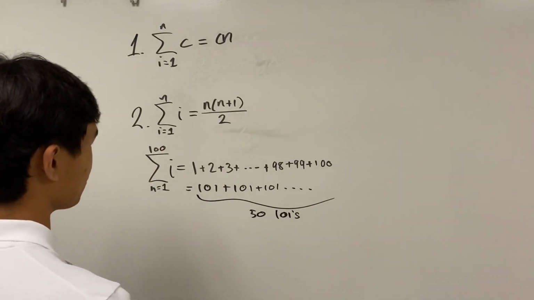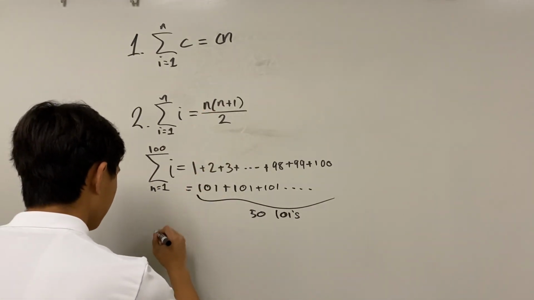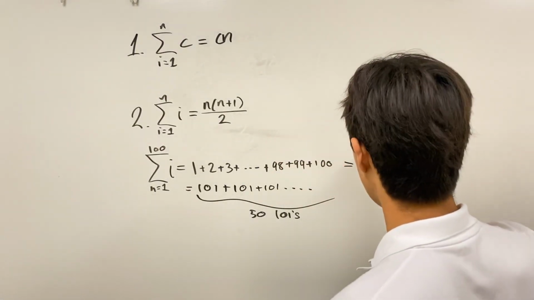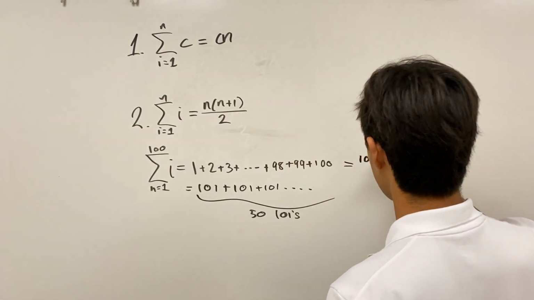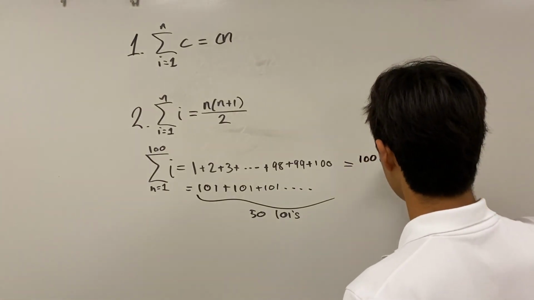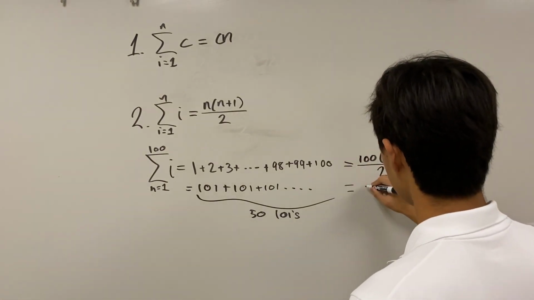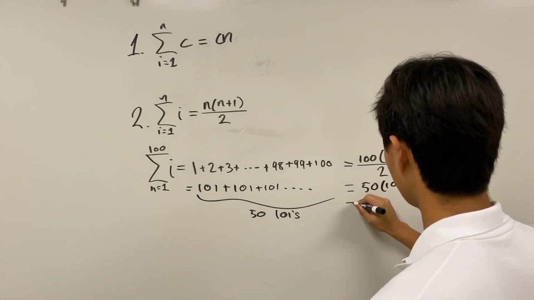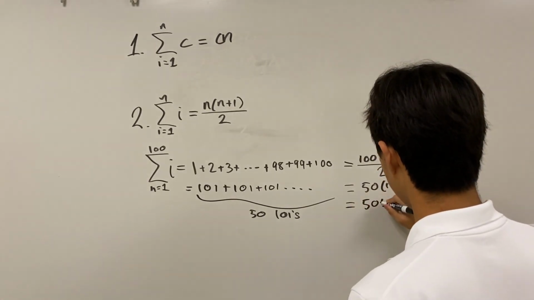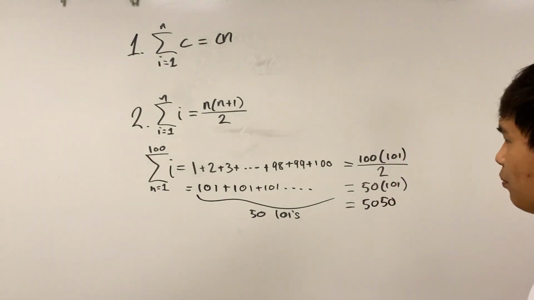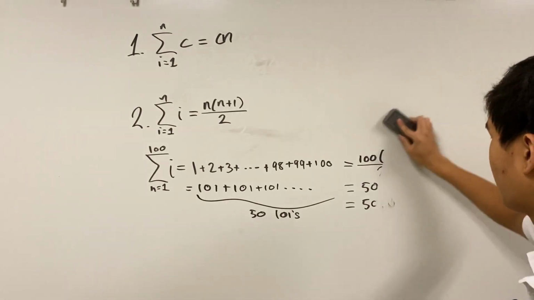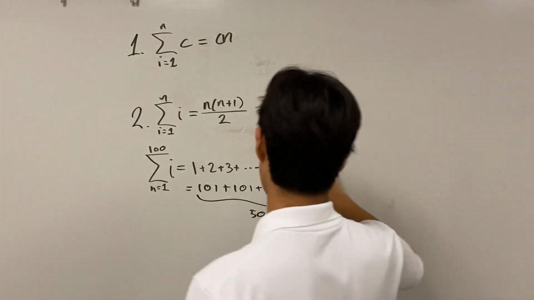So that's why we have, so this is here, n, the 100, times n plus 1 is 101, divided by 2, which is 50 101s, which is 50-50. Right? So it's a cool example proof that I really like. And it's a good way to see why this rule works.